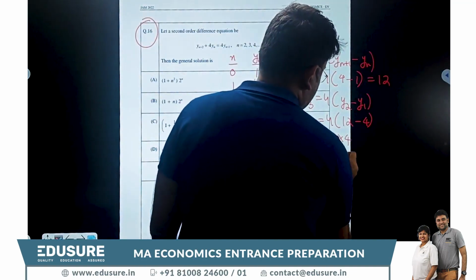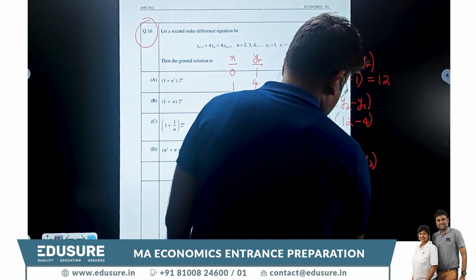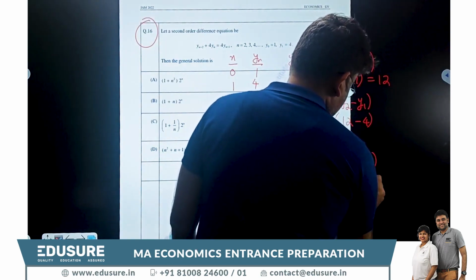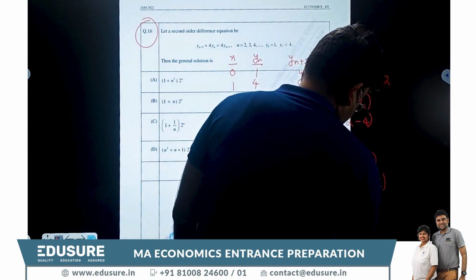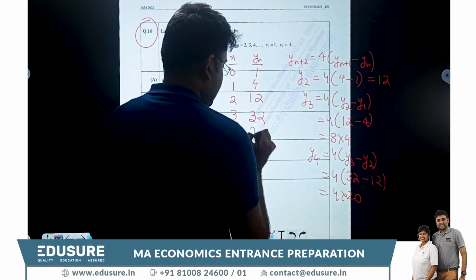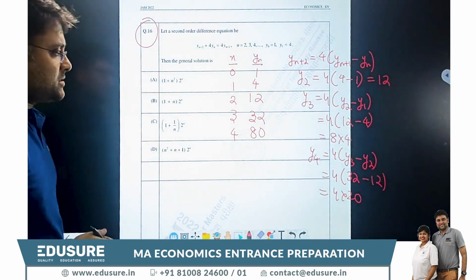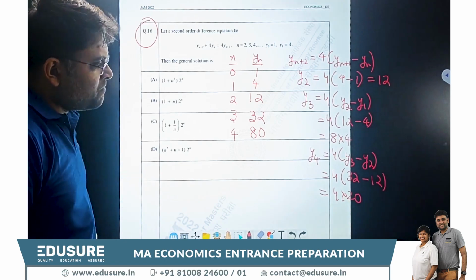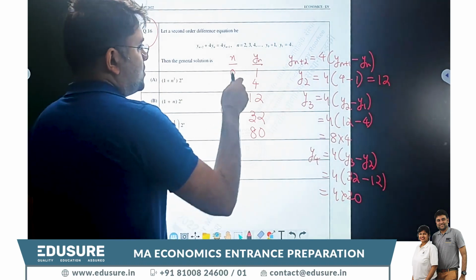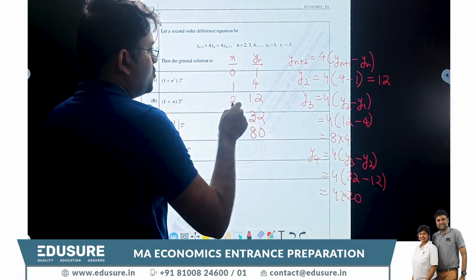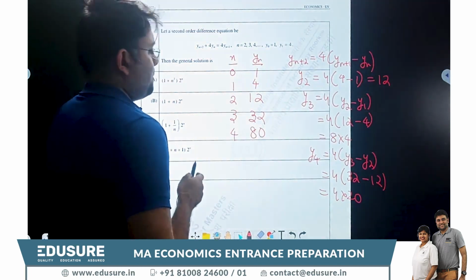Y4 is equal to 4 into Y3 minus Y2. 4 into 32 minus Y2, which is 12. 4 into 20, 80. Okay. Now, which option will be the best? Please understand, what I am getting here is n and yn: 0, 1; 1, 4; 2, 12; 3, 32; 4, 80.